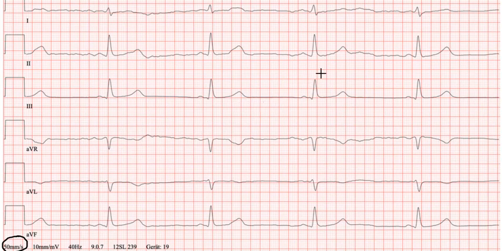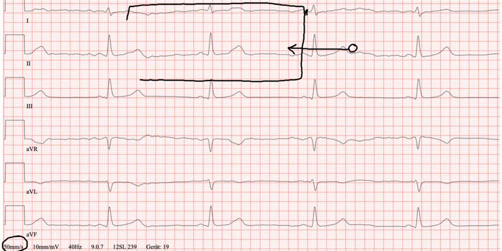Now let's say this is the stylus of the ECG machine and this is the ECG paper. The ECG paper moves in this direction and the stylus moves in this direction to draw ECG waves.